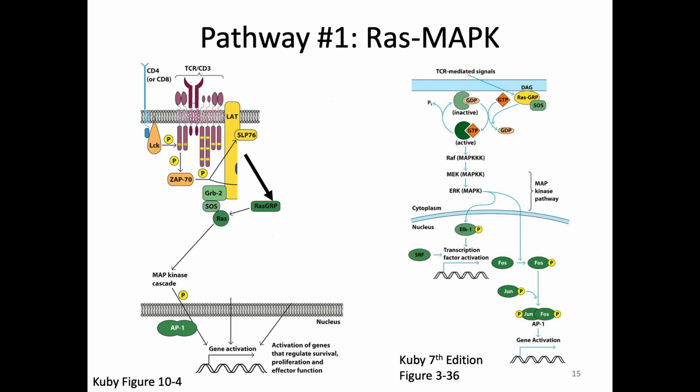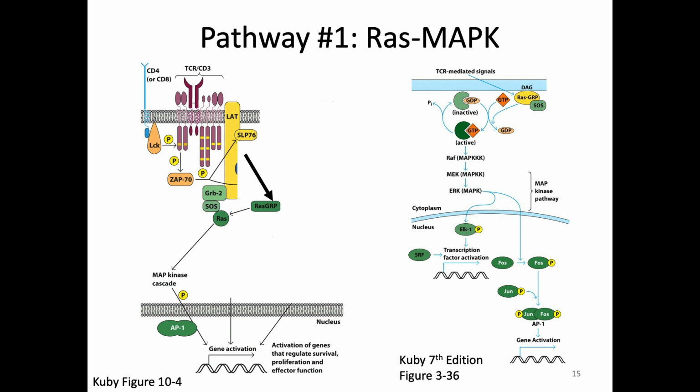So, if you remember that the name of this branch is the RAS MAP kinase pathway, hopefully you can remember the details of this pathway, because it's RAS, which turns on MAPKKK, which turns on MAPKK, which turns on MAPK, which turns on our transcription factor.